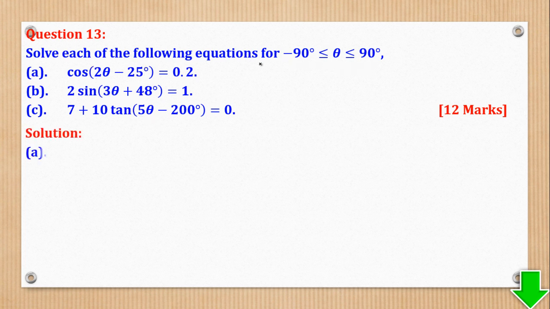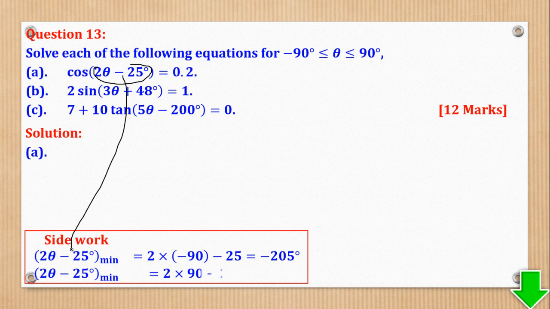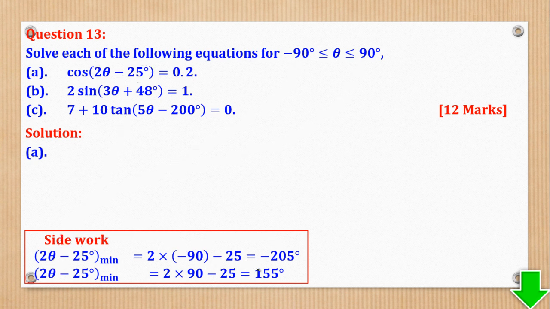So for part A, if theta is this, then for the minimum, you substitute this minimum where there is theta to get the new minimum. Then for the maximum, substitute this one where there is theta to get the new maximum. But not forgetting that the question wants you to solve for theta.